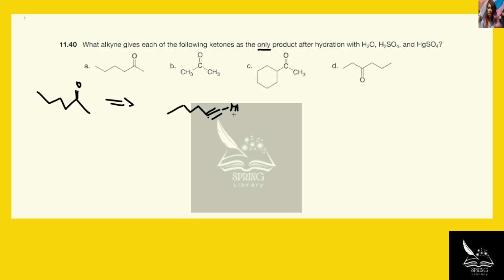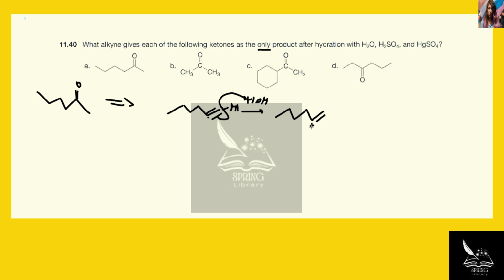So now, how do we know that this is correct? Well, let's work through it. If I have this alkyne and react it with water, acid and mercury, the hydrogen will get picked up on the side with the most number of hydrogens.